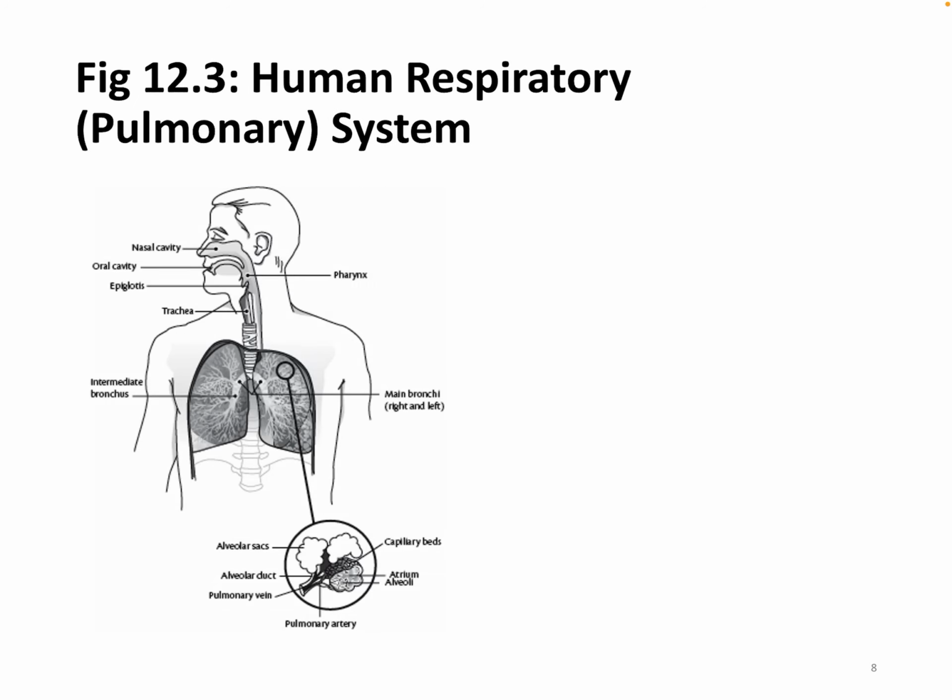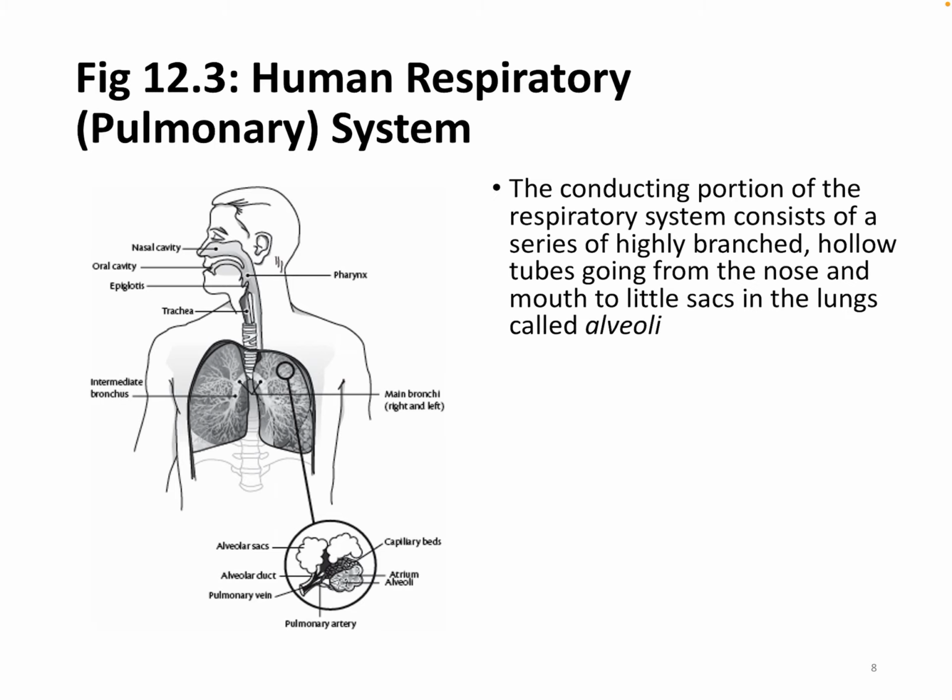Next, we're going to look at the human respiratory or pulmonary system. And depending on what book you read or which text you're looking at, these terms can be used interchangeably, respiratory and pulmonary system. This system also involves our nose and throat and the lungs. And what is respiration?